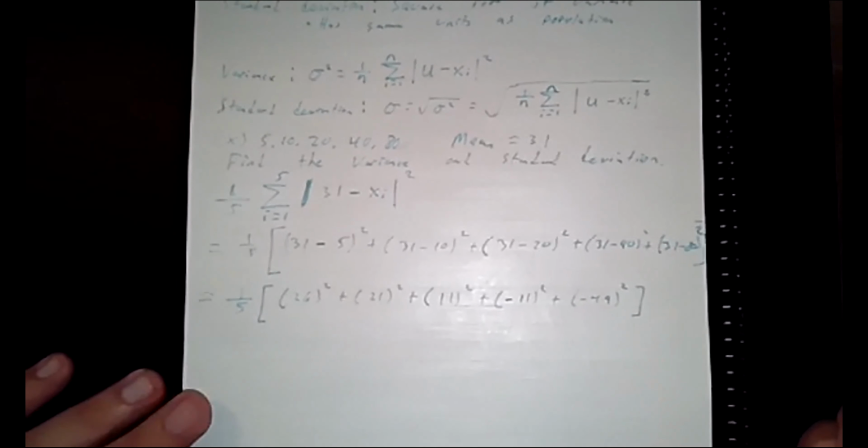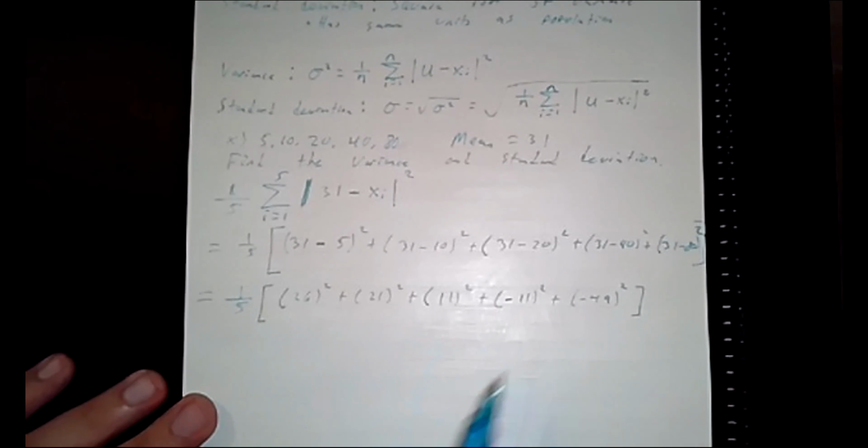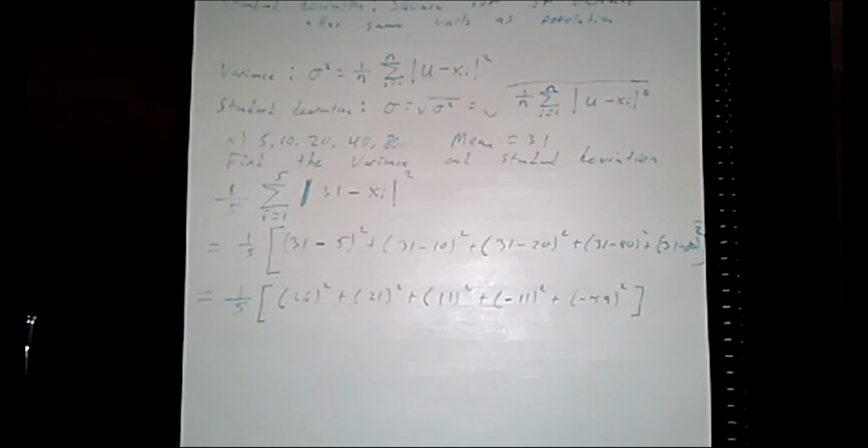Yeah, that's right. So then you just square them and add them together. At this point, I think I might need a calculator. Yeah, let me go grab it. One second.